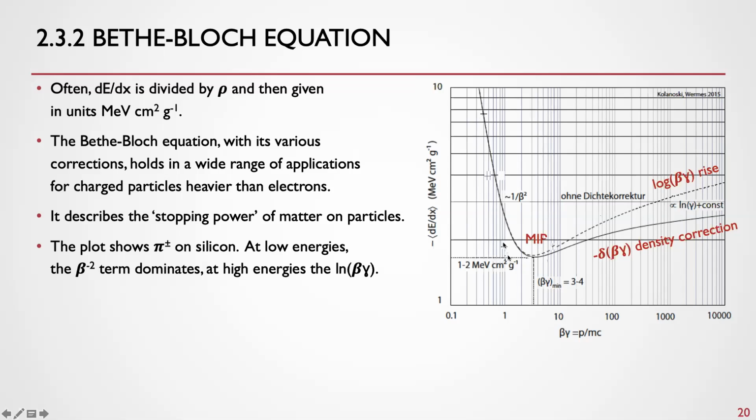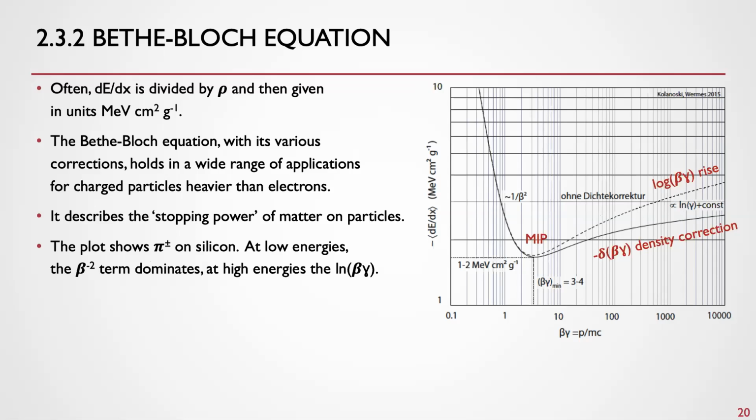The example we're showing here is pions on silicon. Pions on silicon is the most important example at the Hadron Collider, because tracking detectors are silicon detectors, and tracking detectors are the first detectors next to the interaction point.